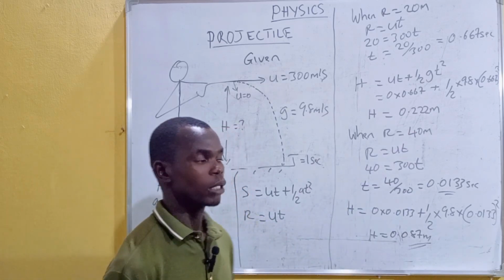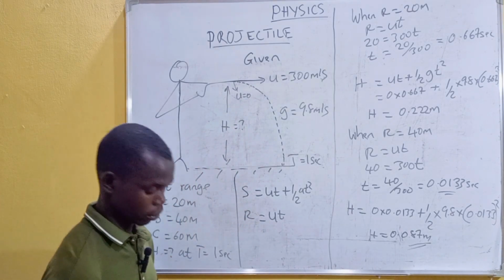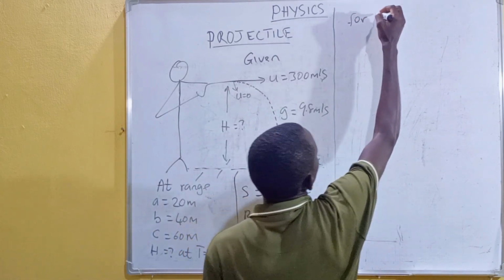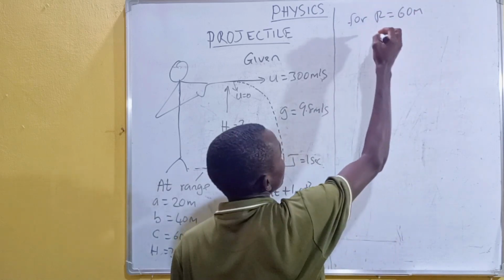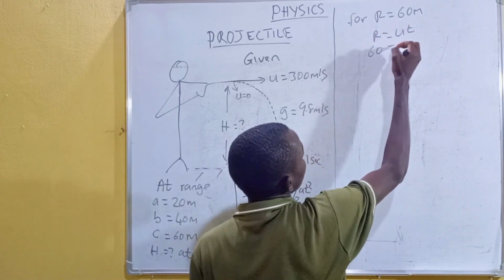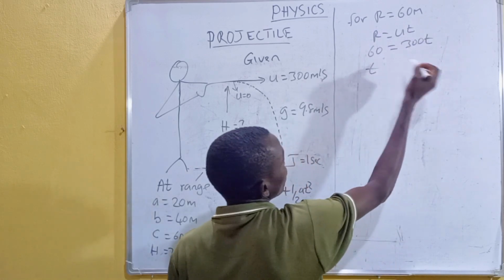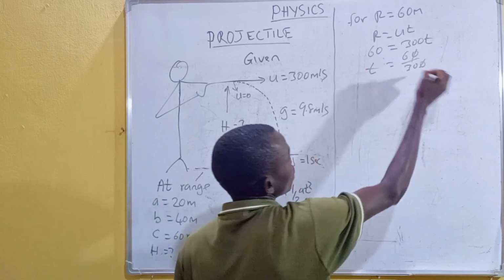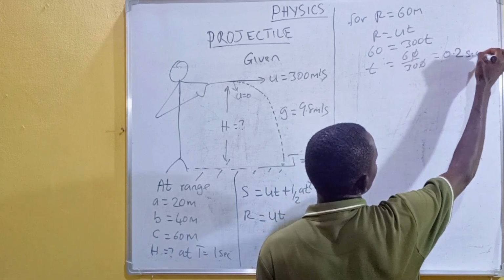Let's calculate the height when range is 60 meters. So for range equals 60 meters, range is equal to ut, which is 60 equals 300 times the time. For us to find our time, it will now be 60 divided by 300. This cancels this. 6 divided by 30 is equal to 0.2 seconds.